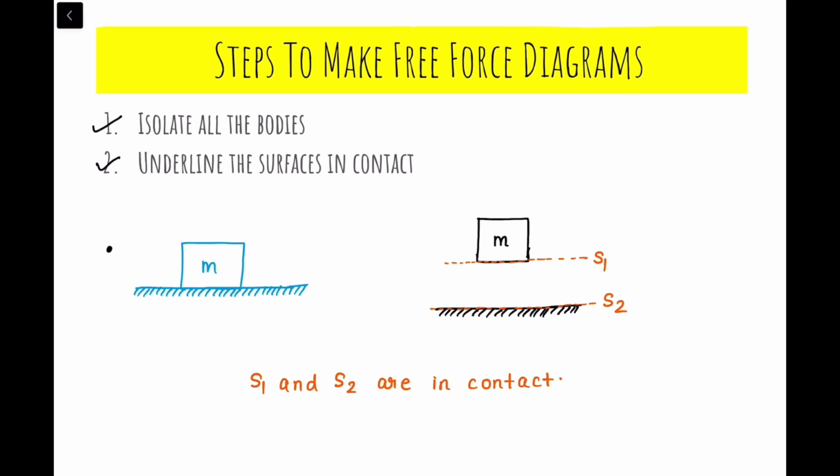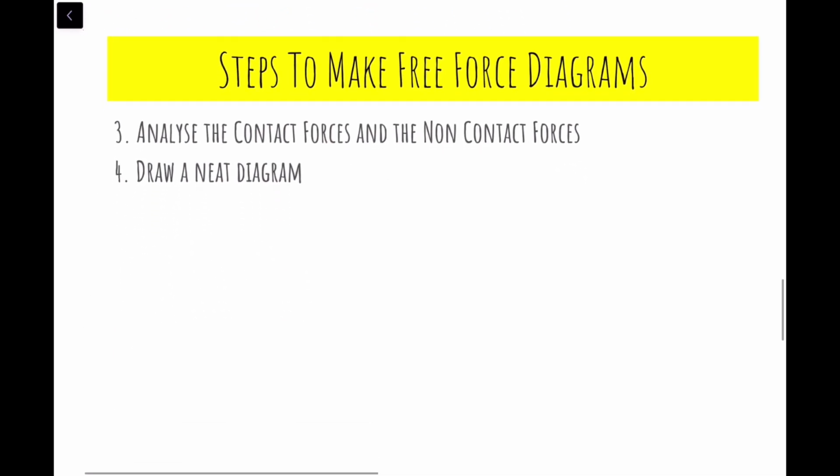Is there any more surface you can see that is in contact? No, obviously. There are only two surfaces in contact, S1 and S2. Why are they in contact? Because the mass m is sitting on the ground, so they must be in contact. Now I have followed the first two steps, so let's see the third and the fourth step.